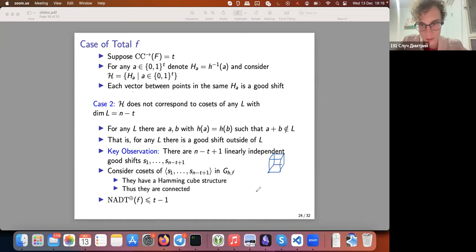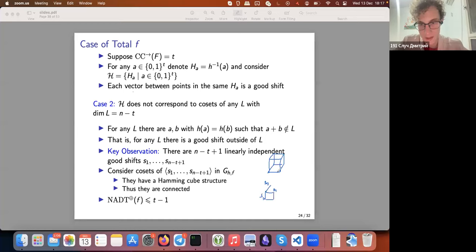We have a Hamming cube, and we have some graph where, from each vertex, there are linearly independent shifts S1, ..., S_{n-t+1}. Here is S1, S2, S3, and there are such edges from each vertex.